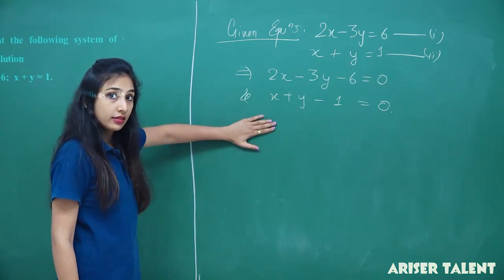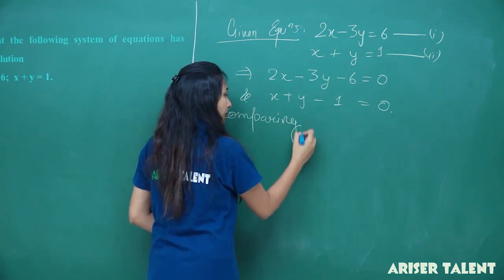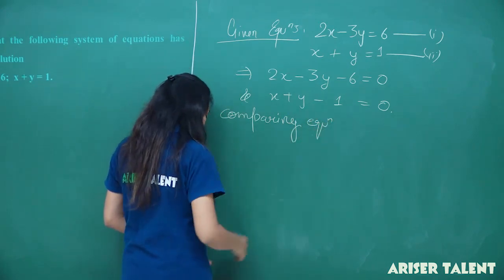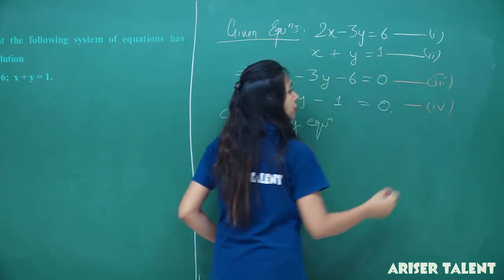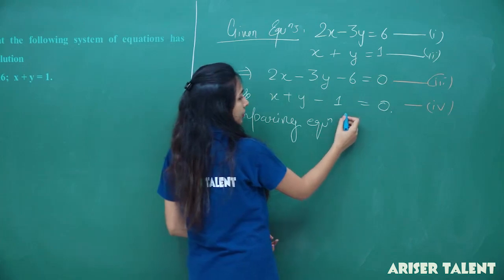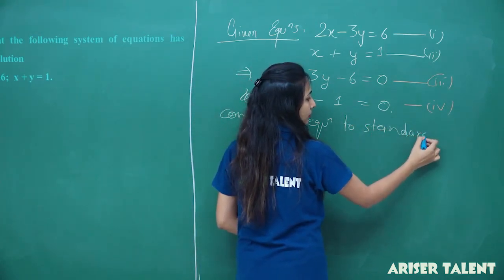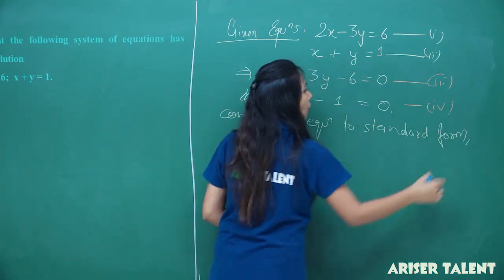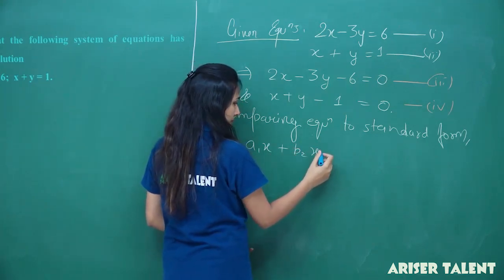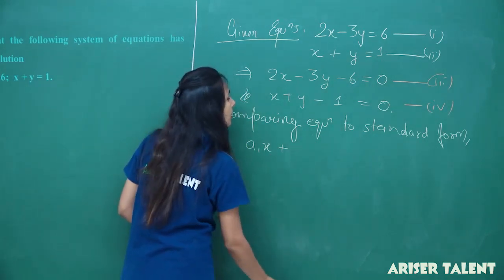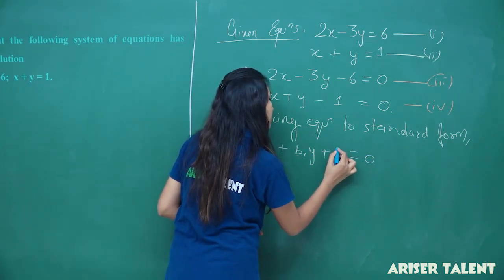If we compare this, let's suppose this is the third equation and the fourth equation, to standard form. And what is the standard form? A1x plus B1y plus C1 equals 0.